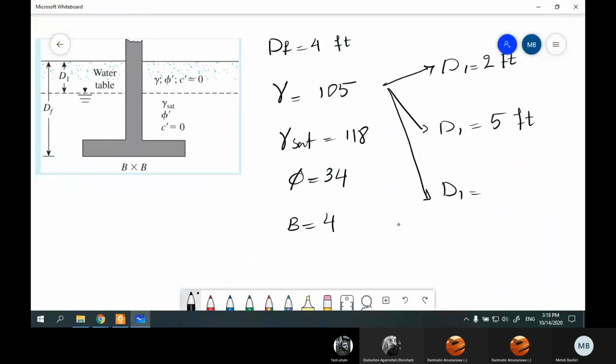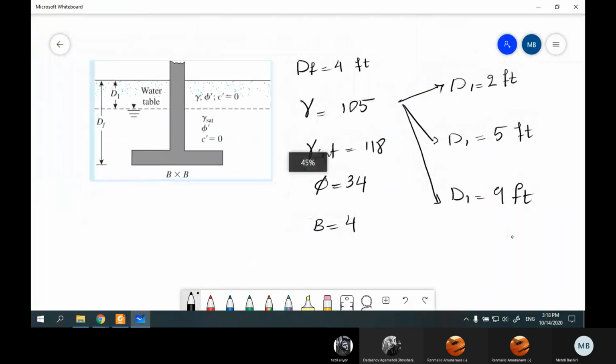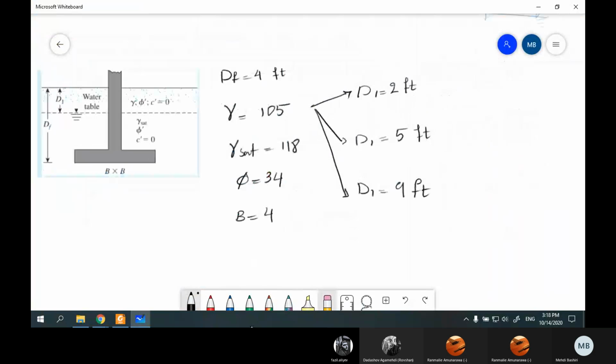In the other case, D1 is 9 feet. Okay, could you please find Q and gamma bar for each case?